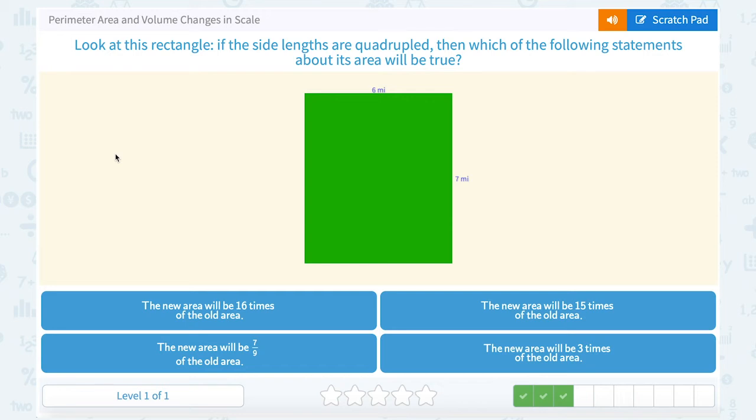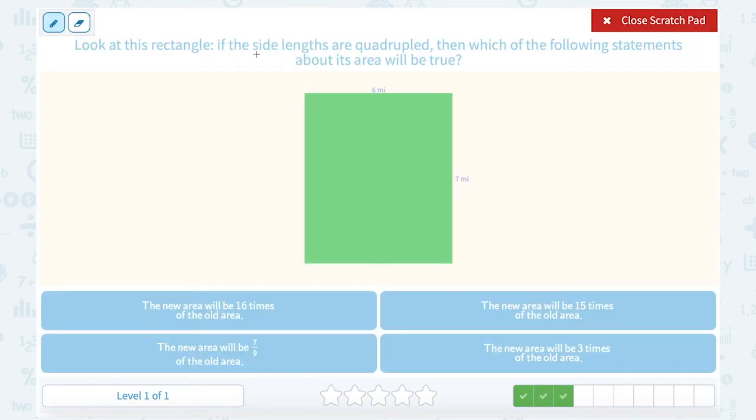Look at this rectangle. If the side lengths are quadrupled, then which of the following statements about its area will be true? Okay, so this time they're saying side lengths, so that means both of them. Quadrupled means to multiply it by 4, right? So times 4. Which of the following statements will be true?